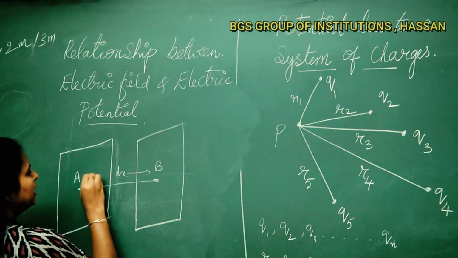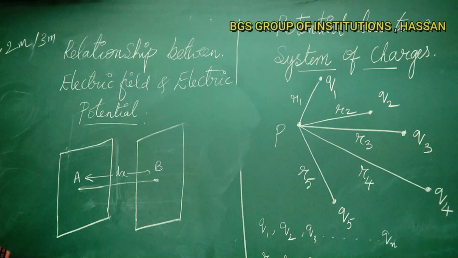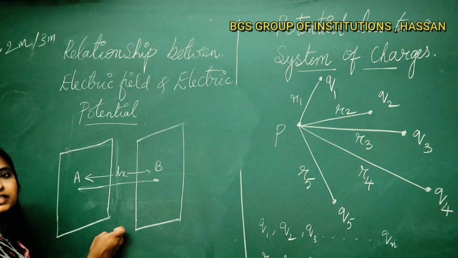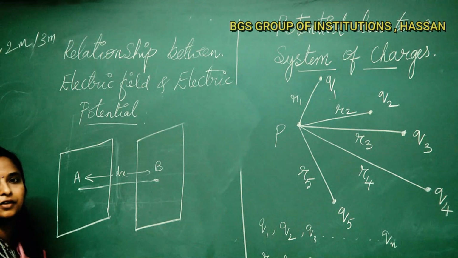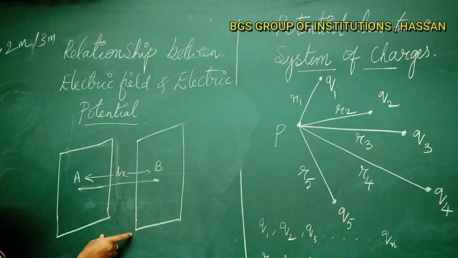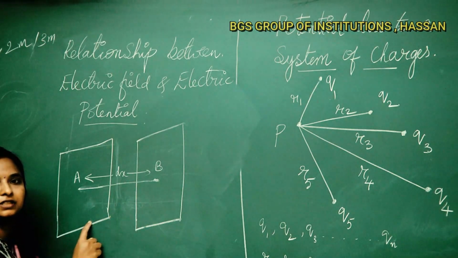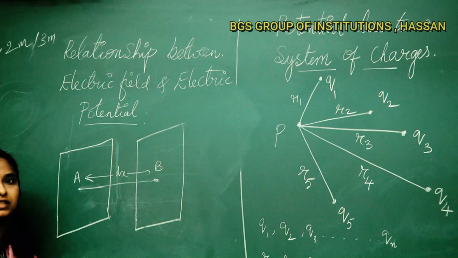Take it as dx. And the electric field is almost uniform in this case because they are very close to each other. Why is the electric field uniform between the gap? Because the gap is very small. The distance between the surfaces is very small, isn't it?